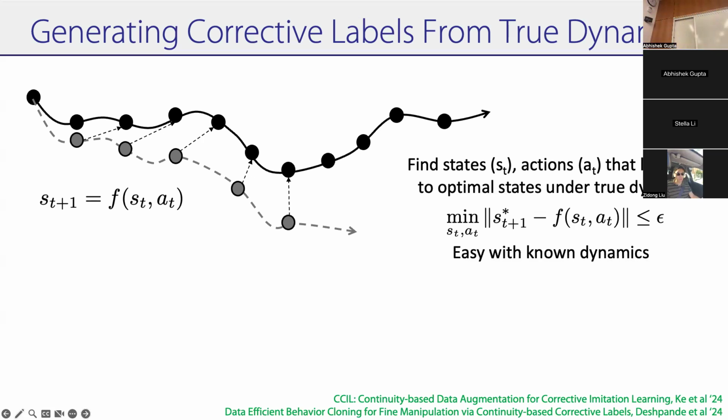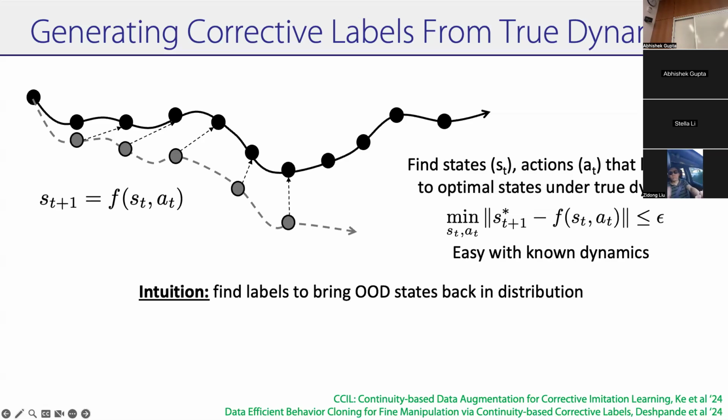Okay. So if we knew the dynamics, we would solve an equation like this. This would give us some S's and A's. We take those S's and A's and add them to our training data set, but the assumptions are the same as behavior cloning, except you're assuming that you know the dynamics. The intuition is you want to find states and labels that bring you back from an out of distribution state to an in distribution state.